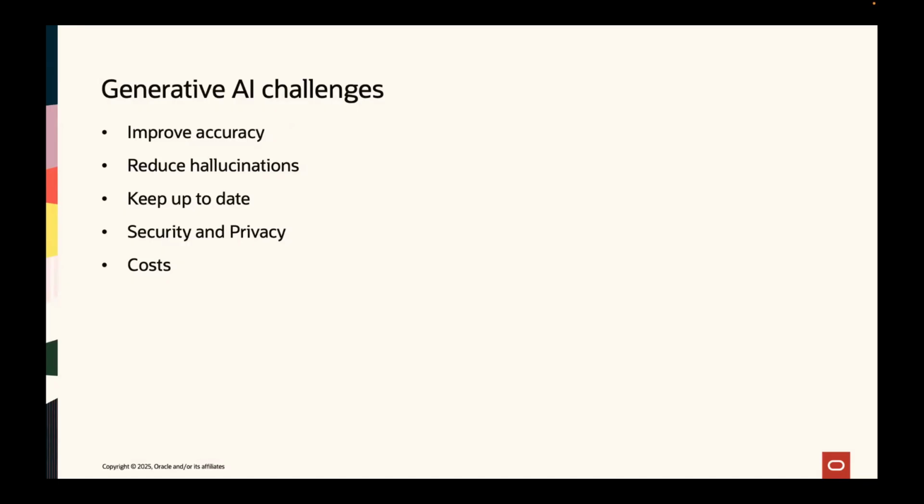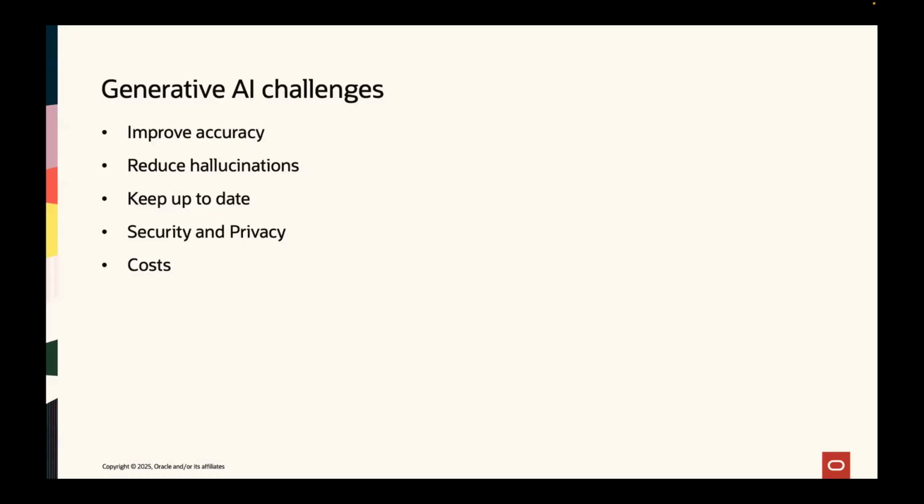So you might want to augment the LLM with corporate documents, living documents, to help improve the accuracy. If it doesn't have those facts, generative AI tends to hallucinate. So by providing it the additional facts that it may need to help answer your request, it helps reduce the hallucinations.